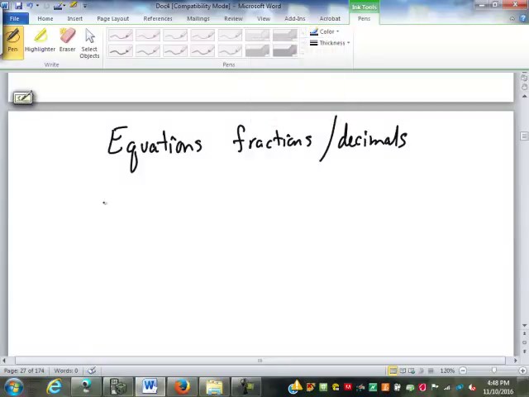For example, 2.1x minus 3.7 equals 5.3. How would we start to solve this? Add 3.7.